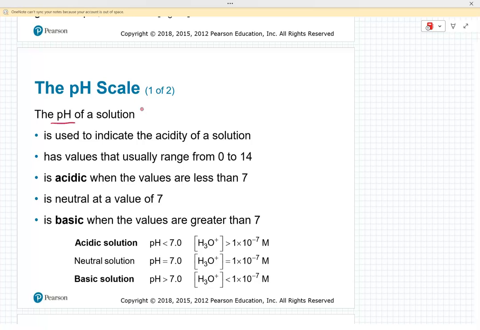So pH, and I can't emphasize it enough, is an artificial parameter that is used for convenience. Instead of writing some molar concentration, we can use pH. Okay? So it is true that usually pH values are between 0 and 14.